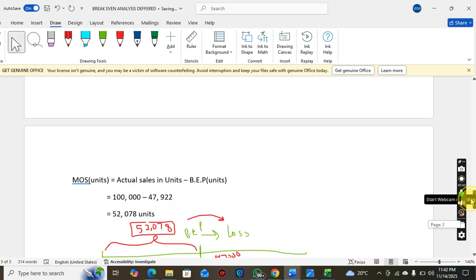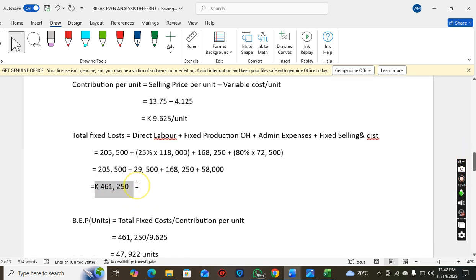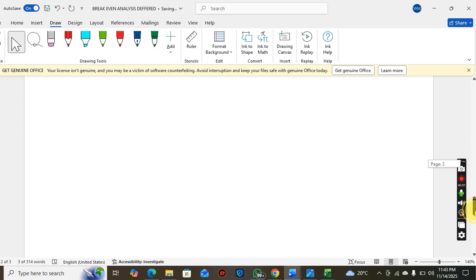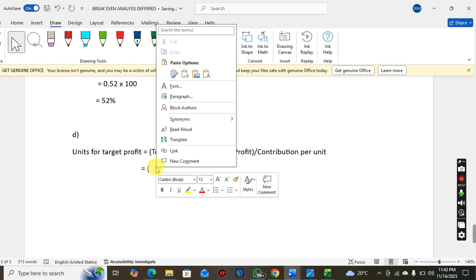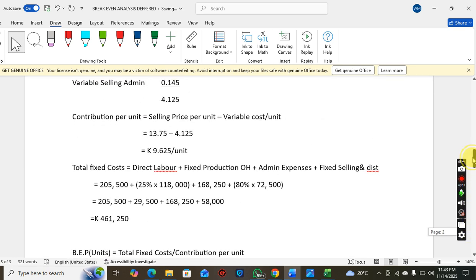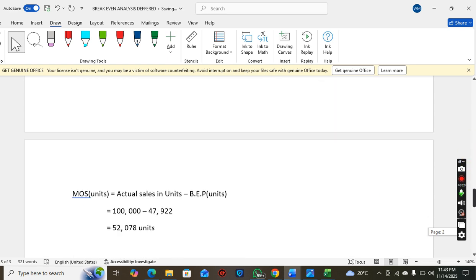The total fixed costs are 461,250 plus 750,000, divided by the contribution per unit. The contribution per unit is 9.625.